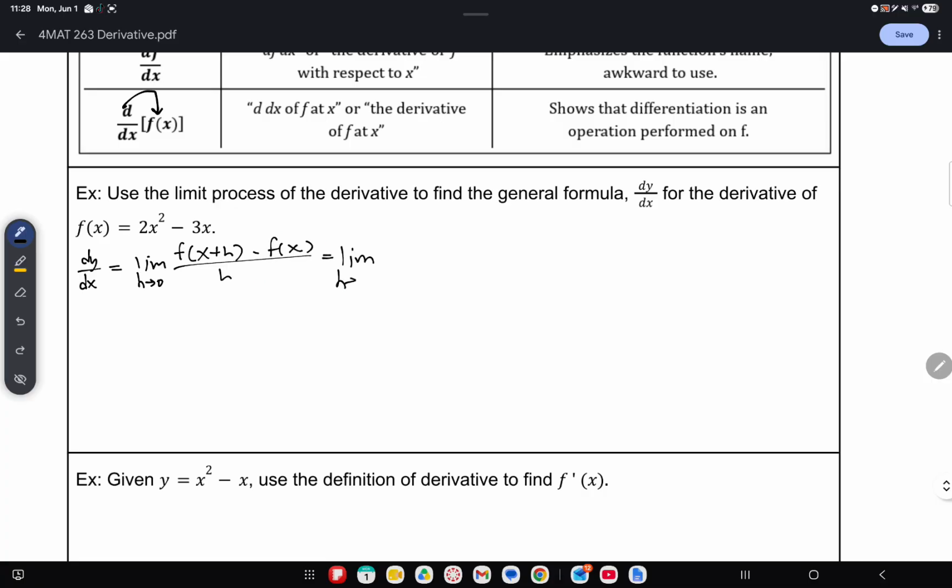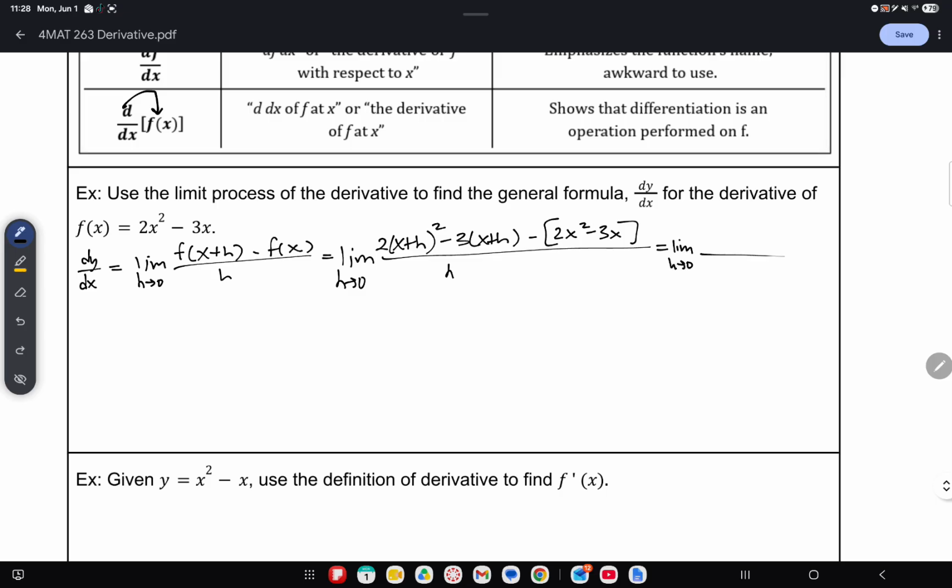So I have the limit as h goes to 0 of f of x plus h, so 2 times x plus h squared minus 3 times x plus h, minus, and then I throw a bracket over functions that have more than just one term so that I remember that I'm subtracting off the entire function. So I have 2x squared minus 3x, and I'll distribute the negative when I go to simplify, all over h.